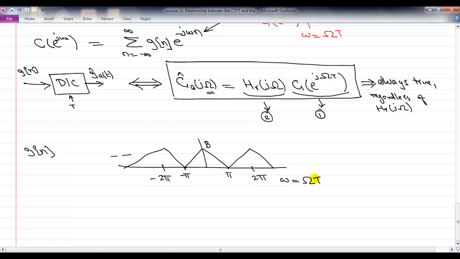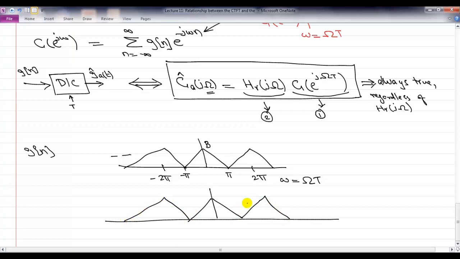When we were going from continuous time to discrete time, we were multiplying the frequency axis by capital T. This is saying we divide by capital T. So this is what we get.